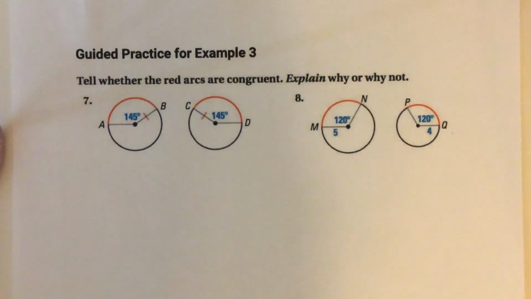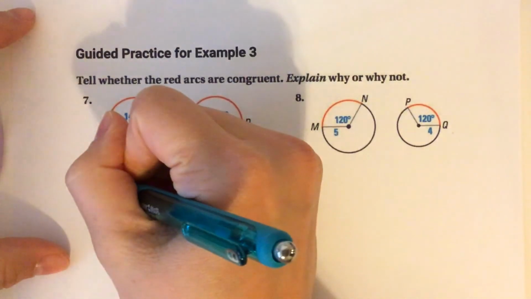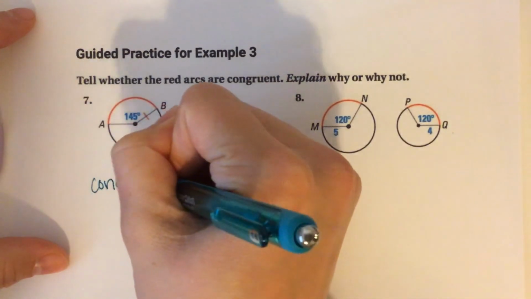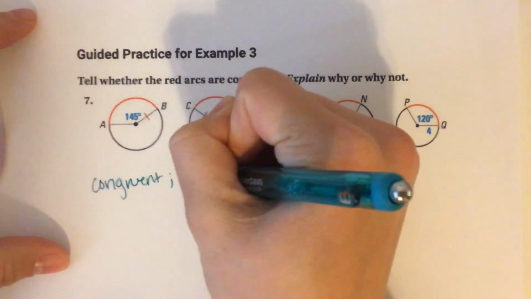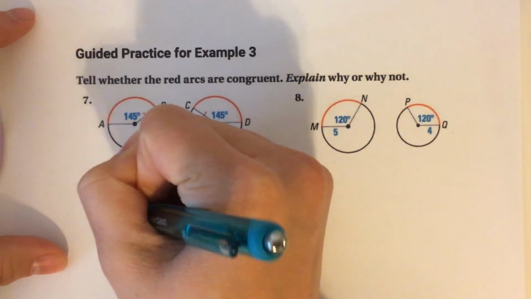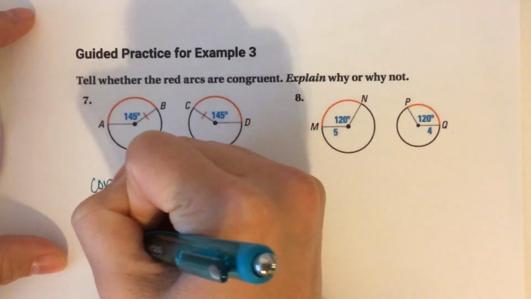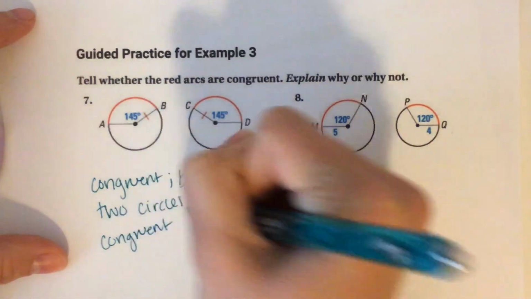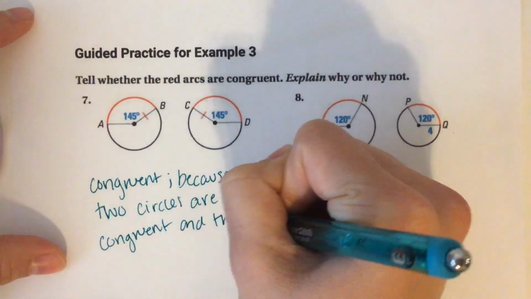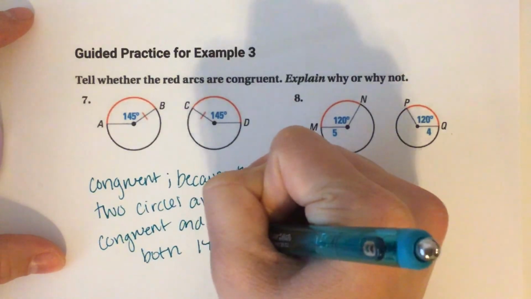Okay, tell whether the red arcs are congruent. Number 7, they are congruent because the 2 circles are congruent. And they are both 145 degrees.